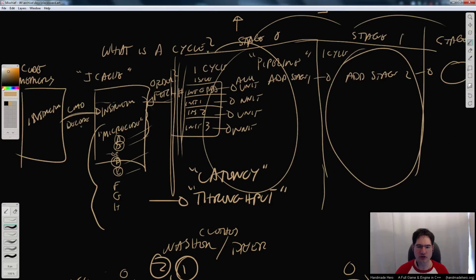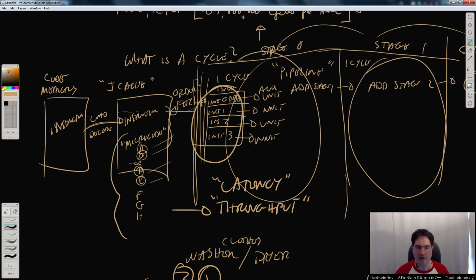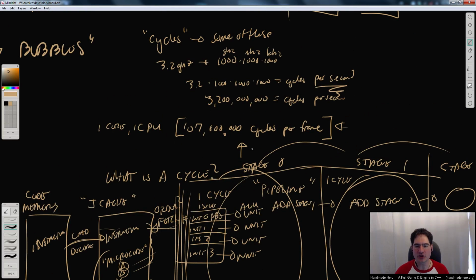And finally, whose instruction stream, as well as possible, issues the maximum number of instructions it could on every cycle, and in so doing is keeping this pipeline maximally filled with the things that we want it to do, right? If we can do that, we can get the most out of this 107 million cycles per frame that we have, and turn that into a very fast, high performance piece of code, right?